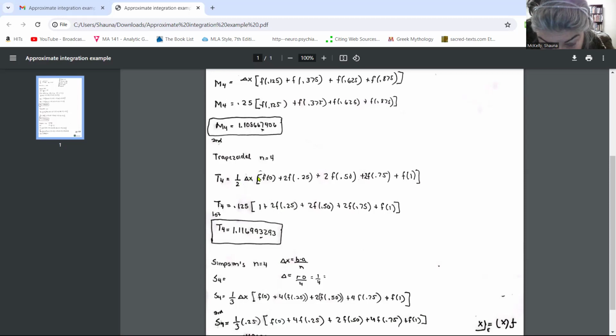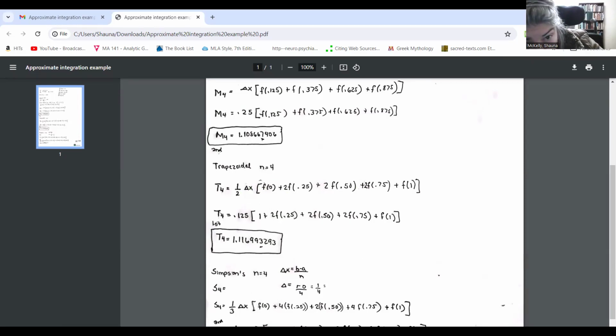And what you do is you start from wherever the left side of the interval is, which is 0. So we have f of 0. And then the rest of them until you get to the end get 2. Now, let me see if I can explain to you why this is, a little bit anyway.